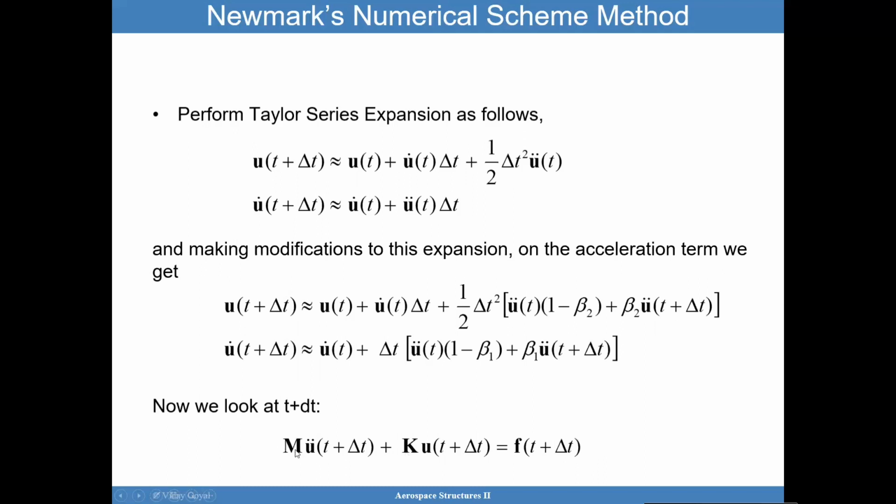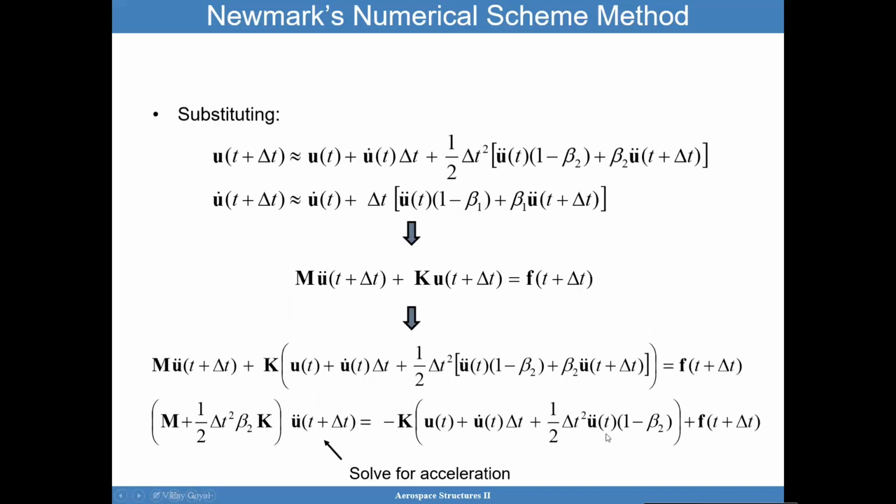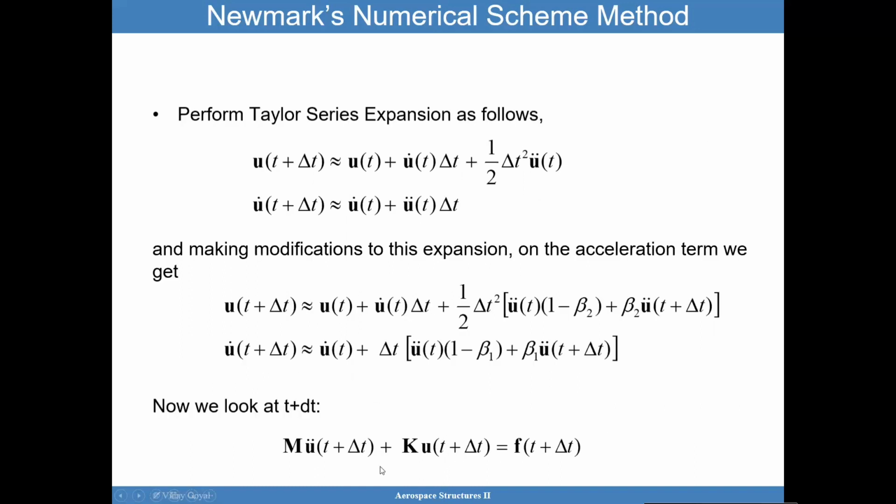So if I look at M u double dot, pretend t is the present. If I look at how that looks in the future, this is what I got. And this is true, it needs to be true over time. So what I'm going to do is substitute u double dot at t plus delta t, and substitute u at t plus delta t, and substitute what this is.